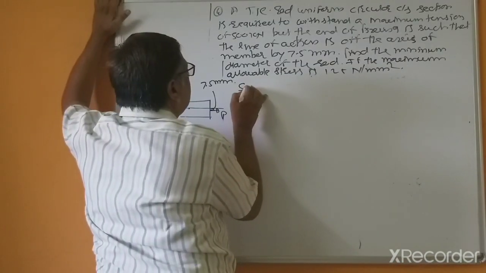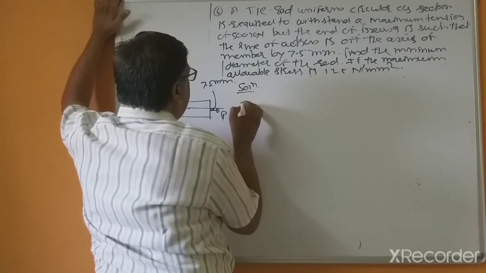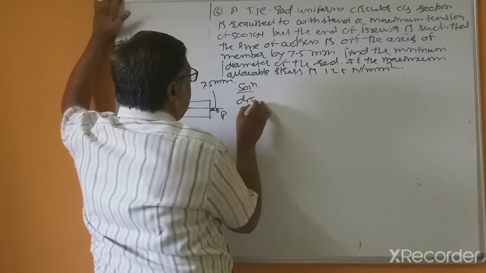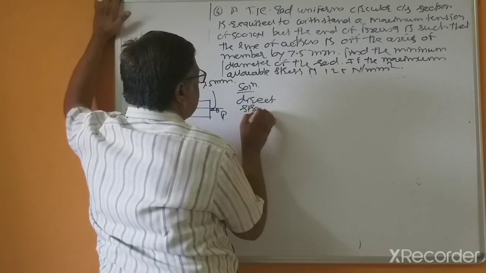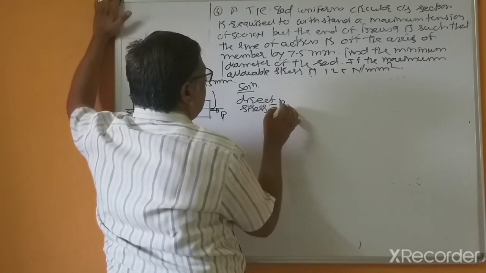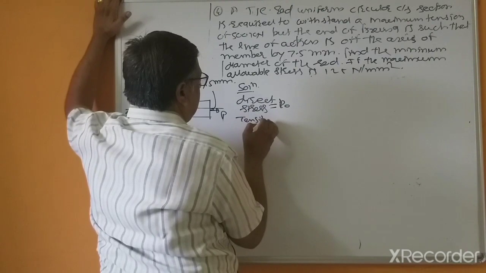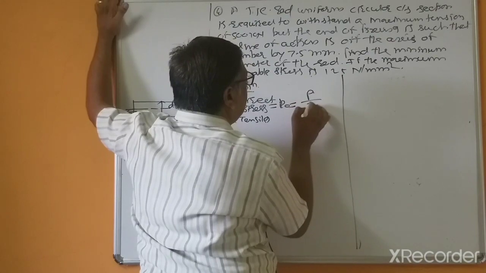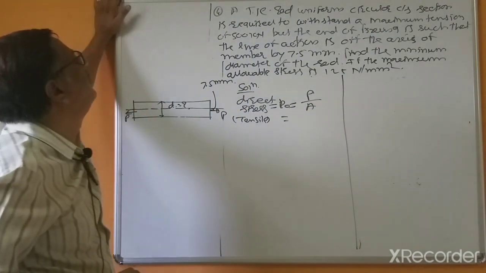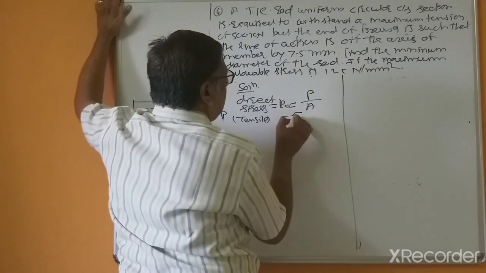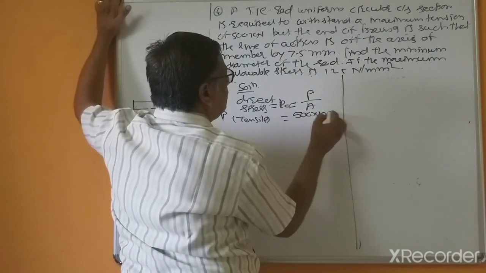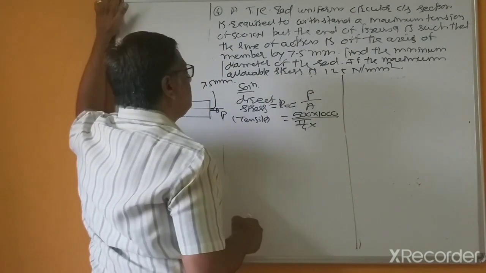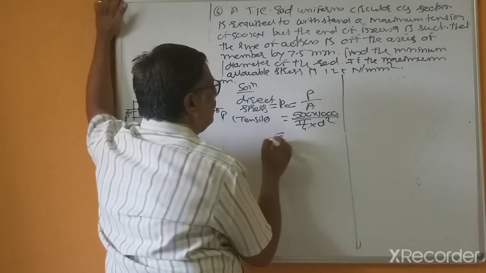Solution: direct stress P0, and this is tensile, equal to P by A. Load equal to 500 kilonewton multiplied by 1000 divided by area of cross section pi by 4 into d square.